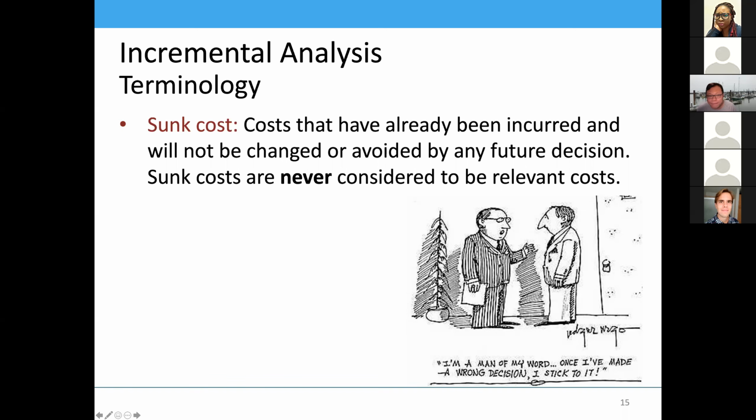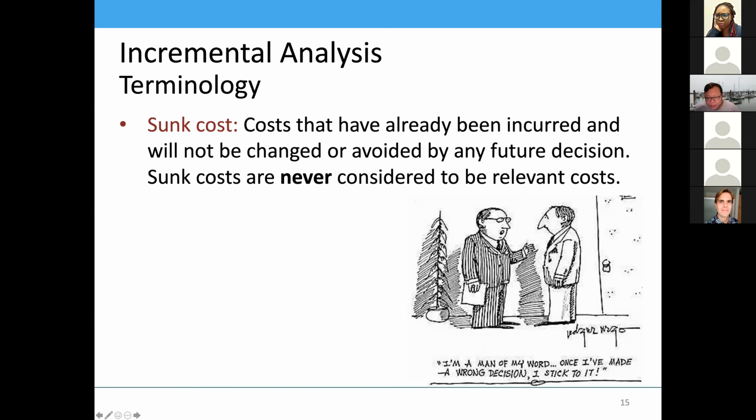But isn't that a relevant cost though? It's not, because let's say you start the business, and then you decide whether you are going to build a house or rent a house. It doesn't matter because that company has been registered, right?